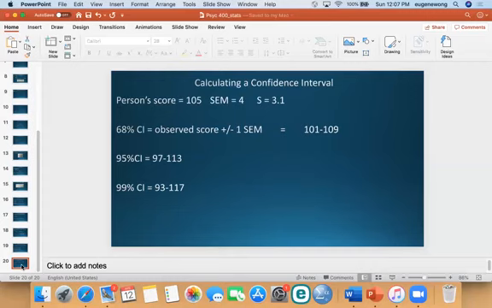In other words, based on this person's score of 105 today, I am 68% sure that this person's real score is between 101 and 109.